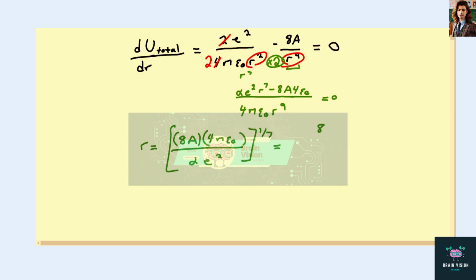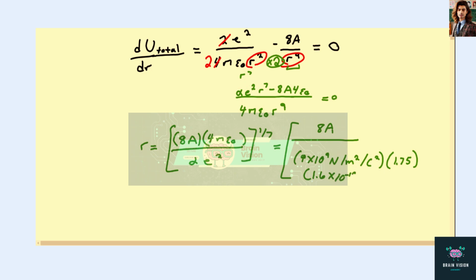And we're going to substitute values here. So we have 8a. And here we have 9 times 10 to the 9th N·m² divided by C², times 1.75, and also times 1.6 times 10 to the negative 19 C, the whole thing squared.